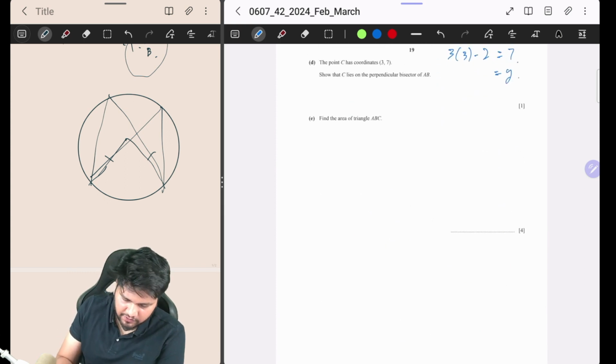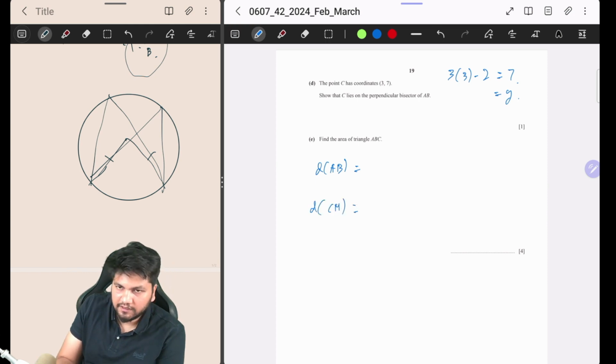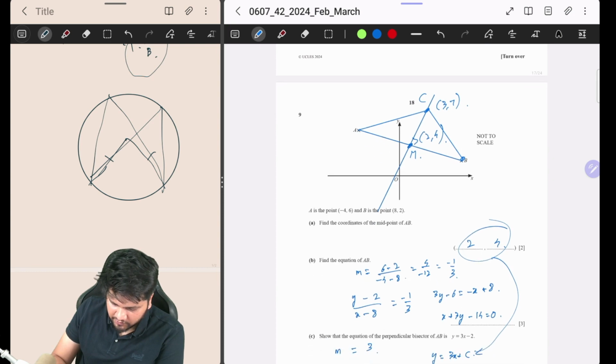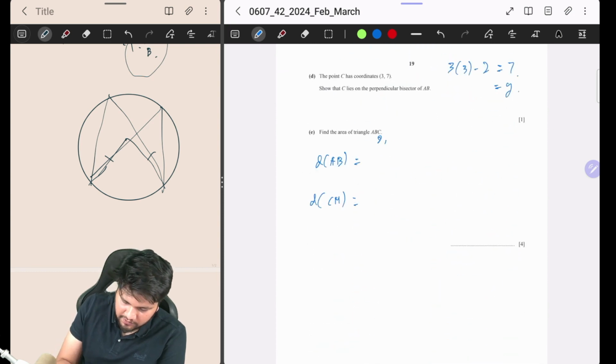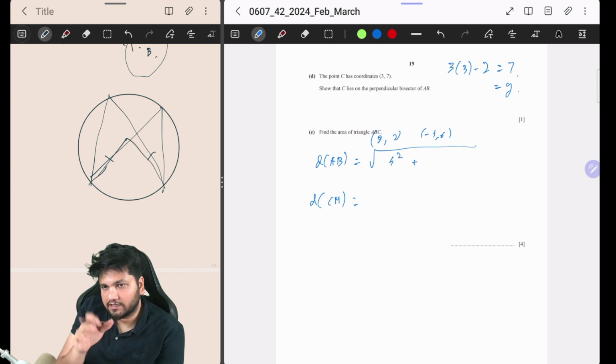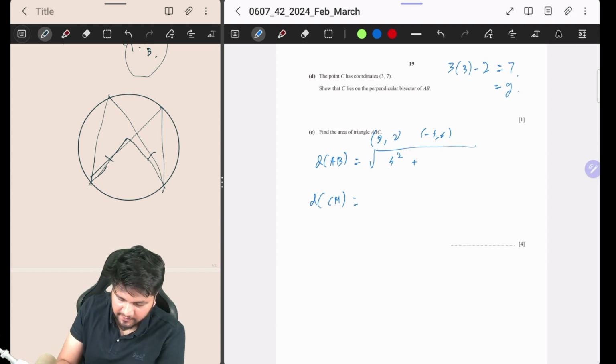Yeah, it's a 4 marker, so you'll have to do it. So the distance AB would be how much? The distance CM would be how much? And then we are going to use half into base into height. So A is minus 4, 6 and B is 8, 2. It's going to be the square root of y2 minus y1 whole square, so 4 square, plus here the sequence doesn't matter, 8 minus minus 4, or minus 4 minus 8, because we are squaring it.